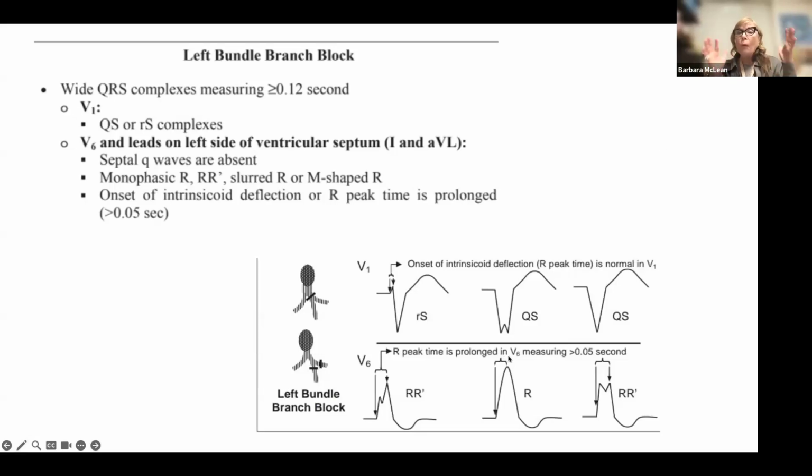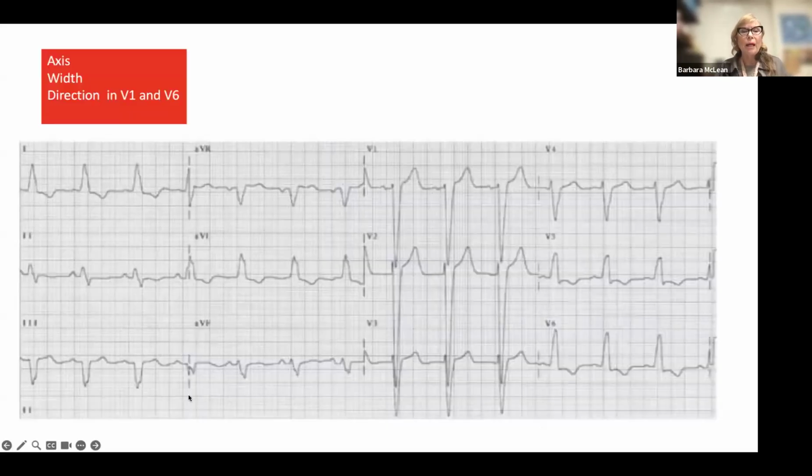T wave should always go in the direction of the QRS. Okay, so that's a really important thing for us to think about and look at when we're evaluating our patients.